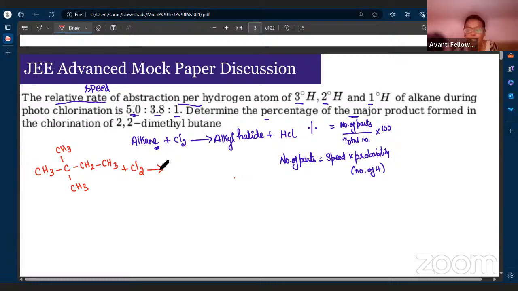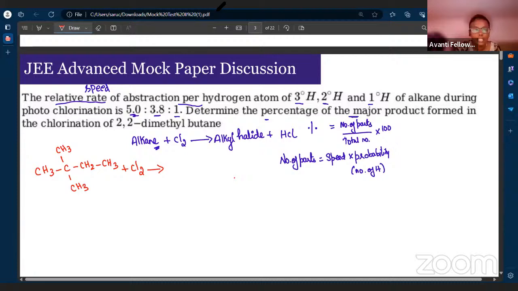Can anyone tell me, this reaction gives how many products? Do you know how to calculate the number of products? Tell me how many products you get in this reaction?